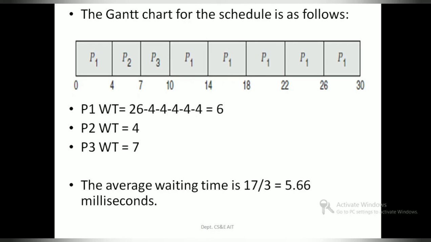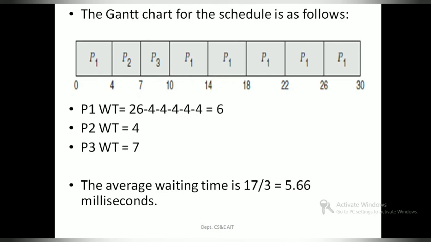Now process P1 has waited for 26 milliseconds, but process P1 has occurred 5 times previously in the system with the time quantum of execution of 4 milliseconds.